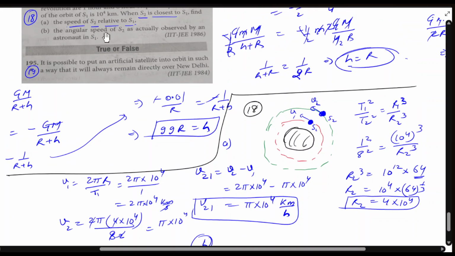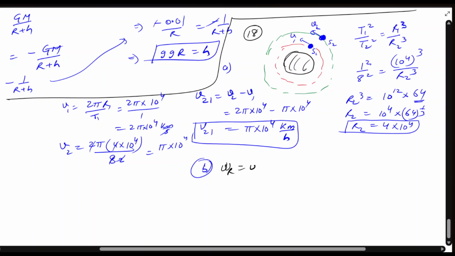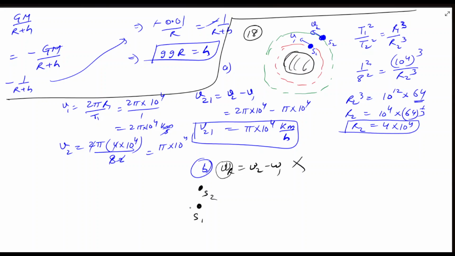Now the second part: we have to find the angular speed of S2 as actually observed by an astronaut in S1 when S2 is closest to S1. Now we know the formula for relative angular velocity is omega 2 minus omega 1, but this is incorrect. Why? Look, if S1 is here and S2 is here, as they're moving, the angular velocity will change.